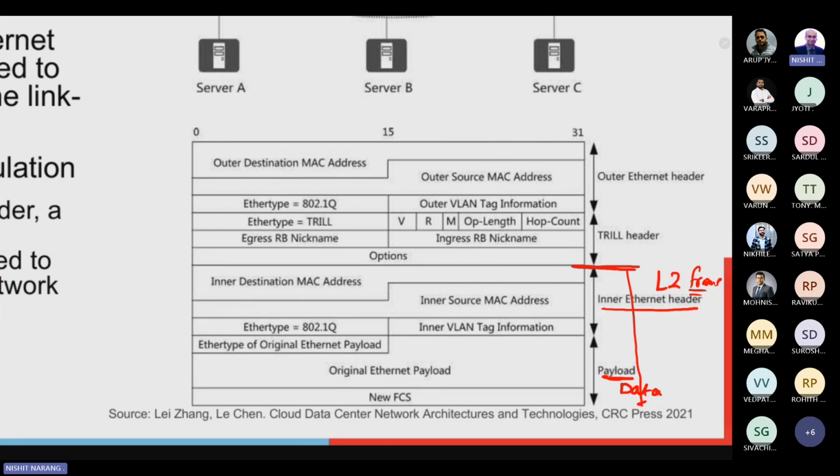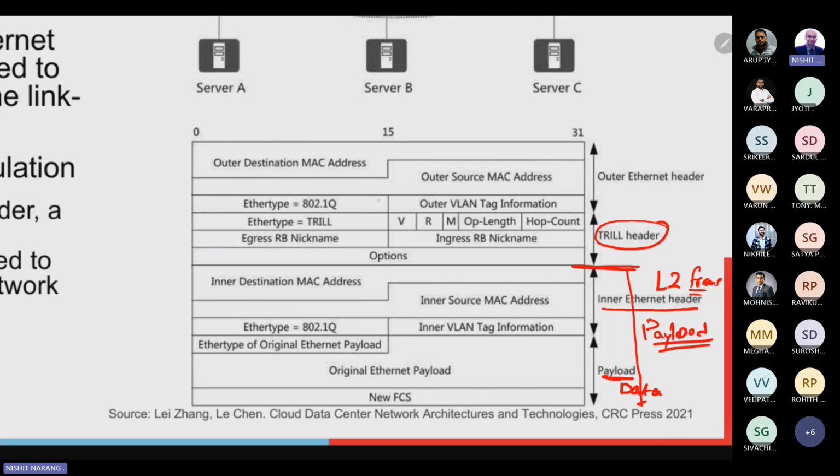I don't want to impact that part of my data plane. I just want my layer 2 frame to be constructed the way it was earlier. But what Trill does in addition is add a new header on top of this. Think of it like your payload, your original data that had to be sent on the layer 2 network. Trill adds its own header on top.